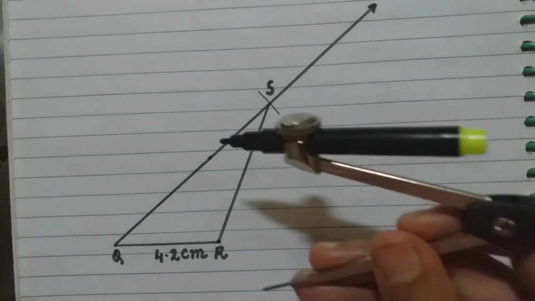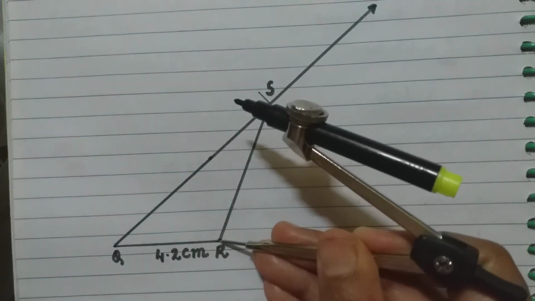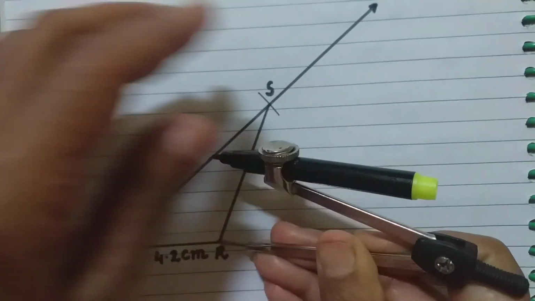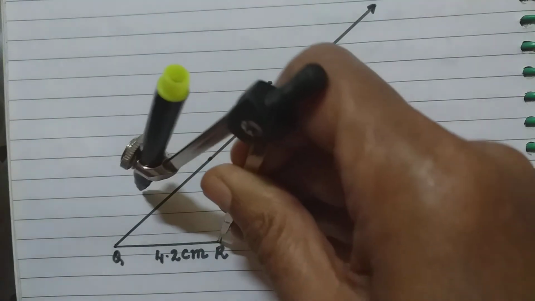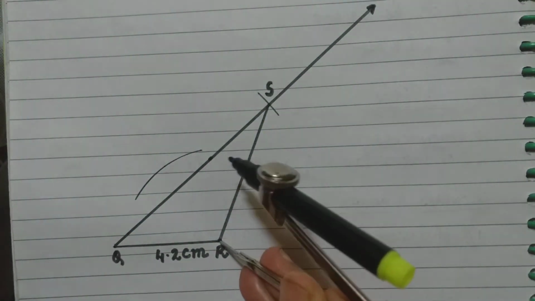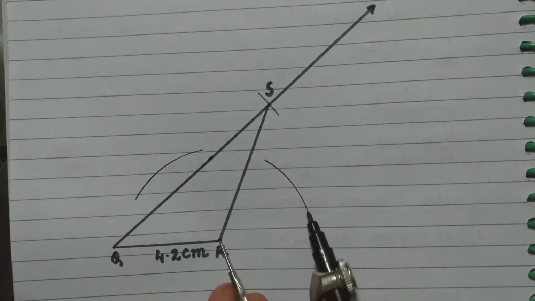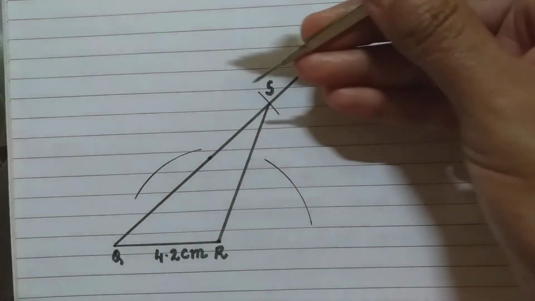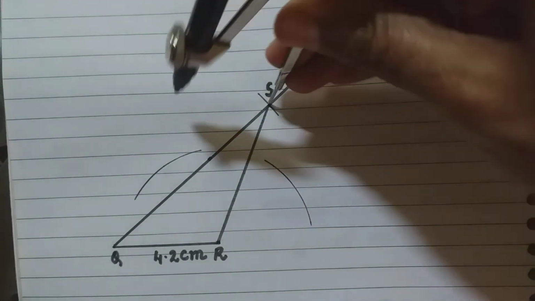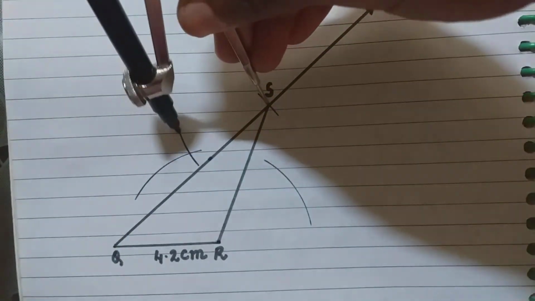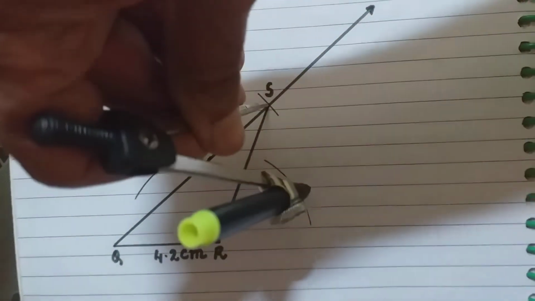So here SR is a, so this will be little more than half the length of the side SR. So we will draw one arc above here and one arc below this. Same way from S, we will cut these arcs now, one above and one below.